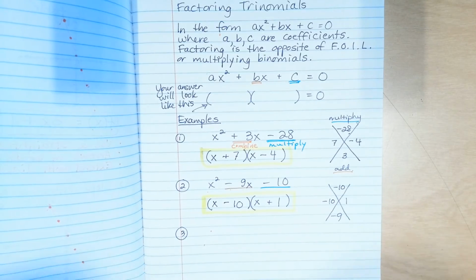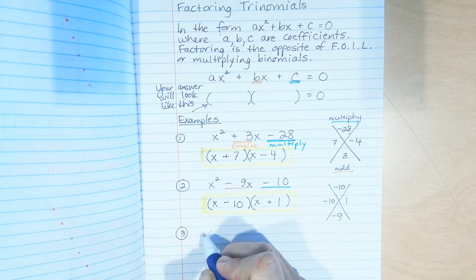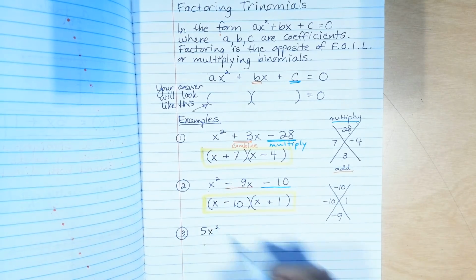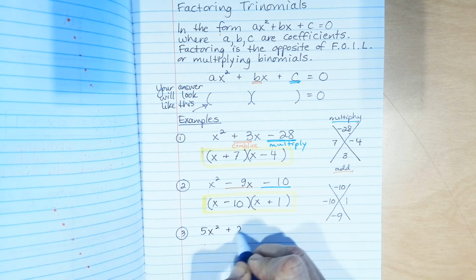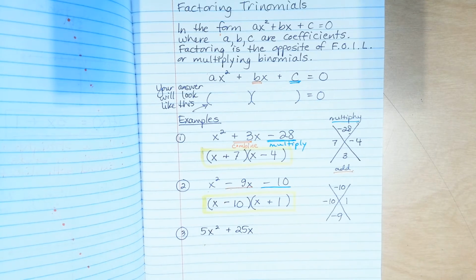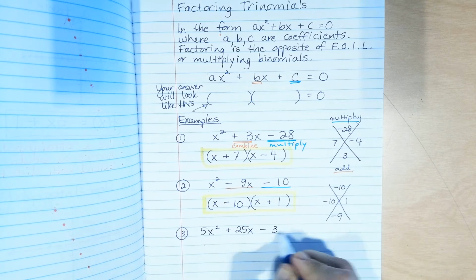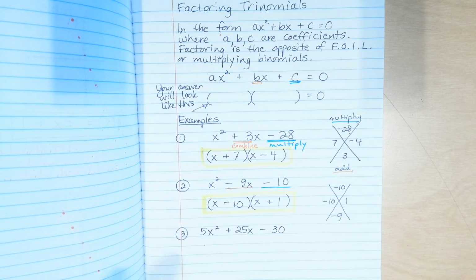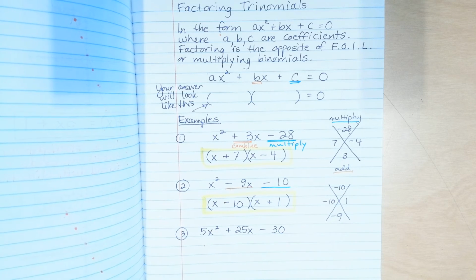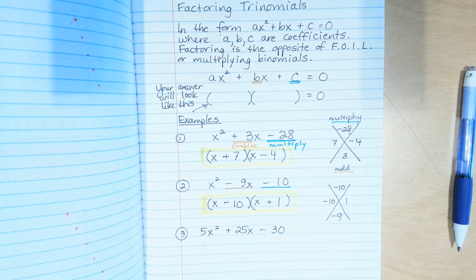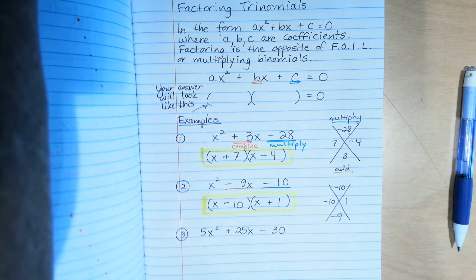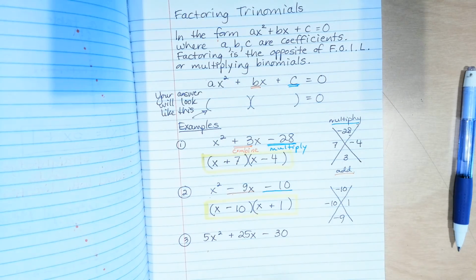Thanks, Donnie. Okay. Third example, 5x squared plus 25x minus 30. So this one has more numbers in it, right? Does anybody also recognize something we can do to make it a little easier on ourselves? What do they have in common?